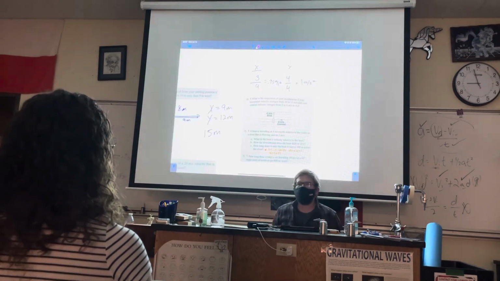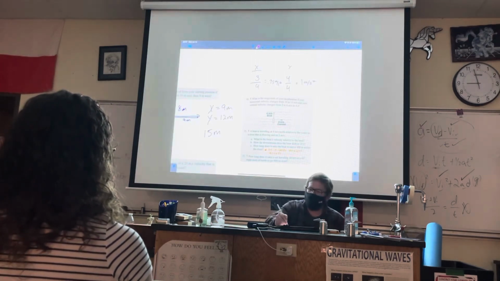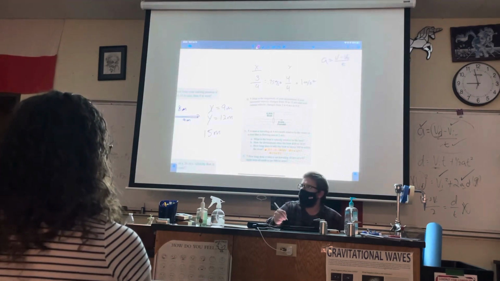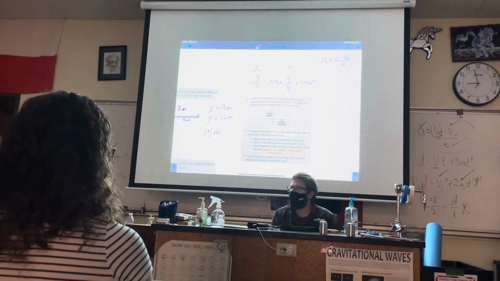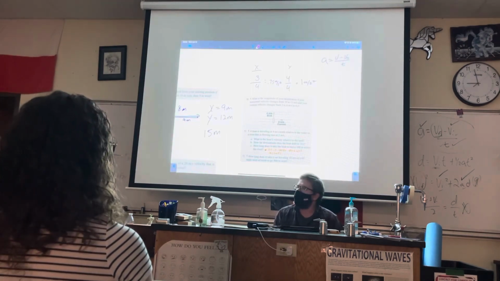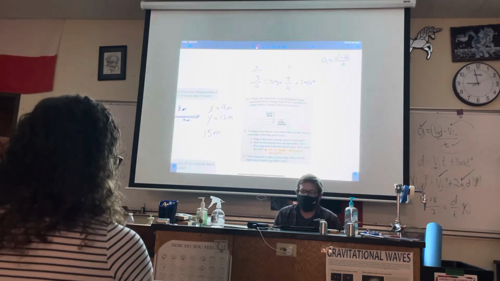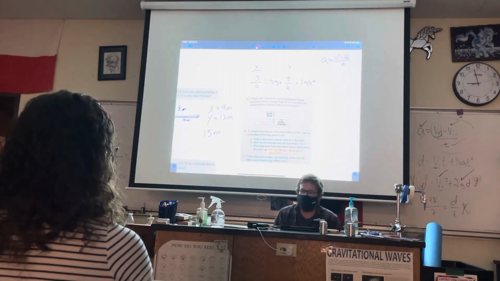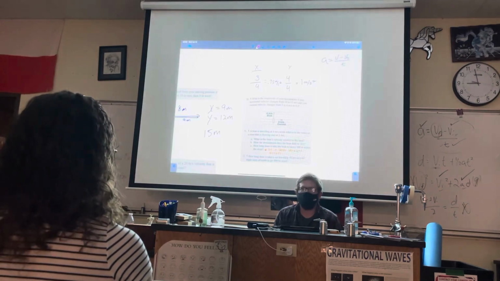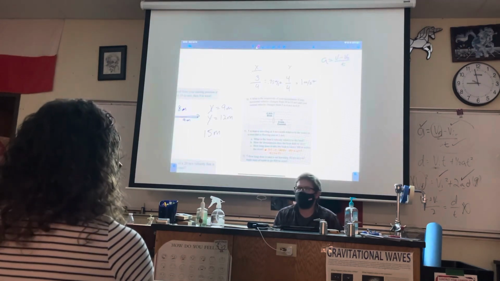You're just using that acceleration formula, a equals v minus v naught over t, or change in velocity over time if you want. What would I do at this point? Pythagorean theorem. You should notice a trend, right? So what's 1 squared plus 0.75 squared?